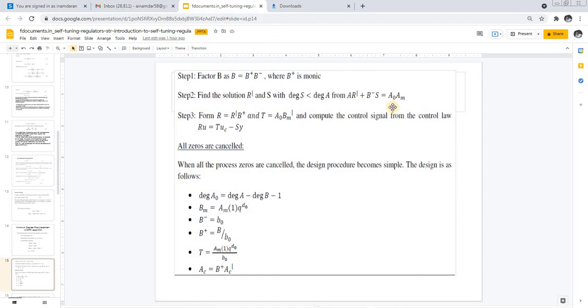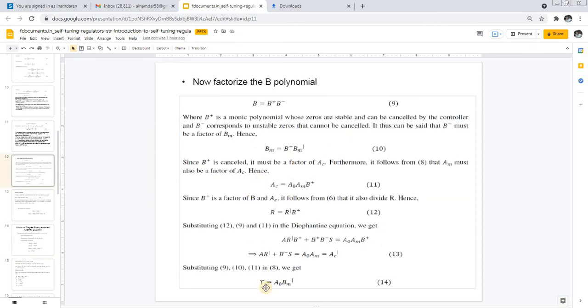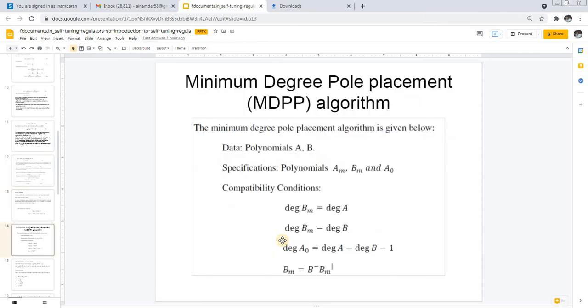After finding the solution for R dash and S, we have step 3. From R equals R dash B plus, and T, which we have already found from this equation, T equals A naught Bm dash.